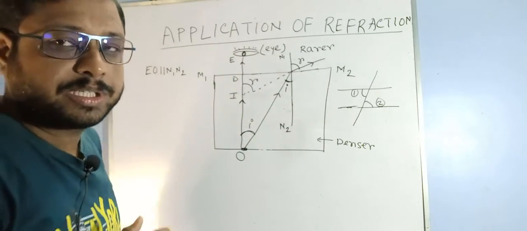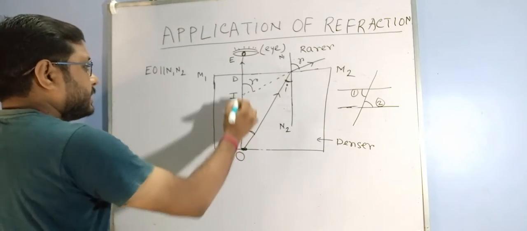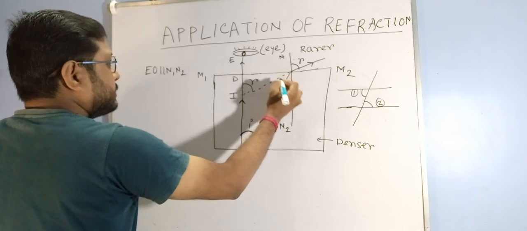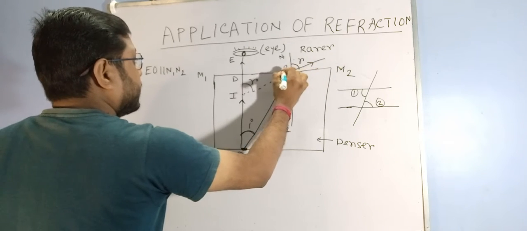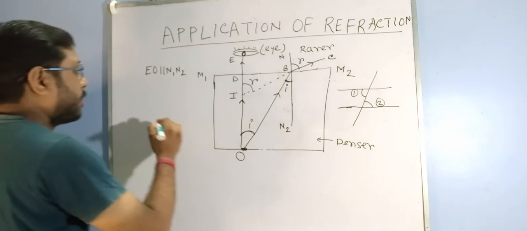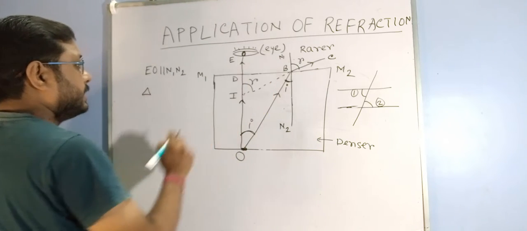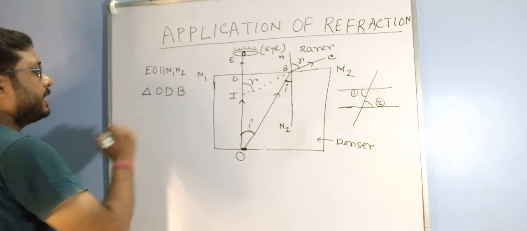What is the basic geometry? Now, from this, if we name this point as ODB and this ray as C, then from triangle ODB, what we get?